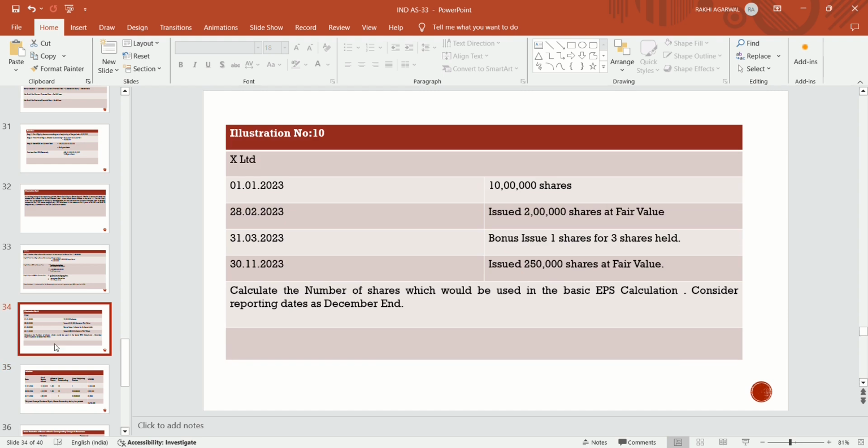So it becomes 2,22,220. On 30th November 2023, they issued 2,50,000 shares at fair value. This issue is after the bonus effect, because the bonus effect is given to the existing shareholders from the date when they hold the shares, and on 30th November they issued another fresh issue of 2,50,000.